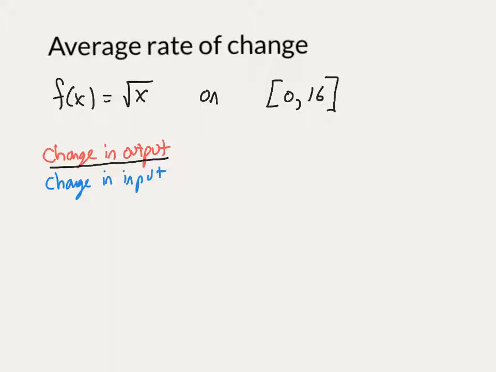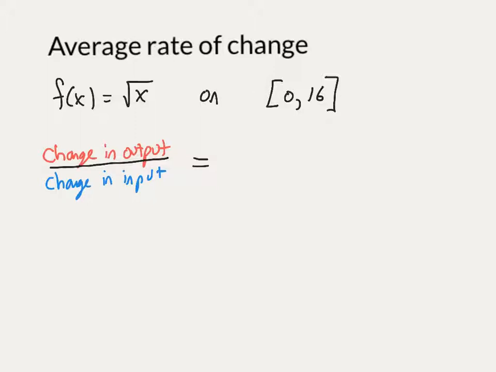What I want to know is how much does my output change on the interval 0 to 16? So I'm going to look at the output at the endpoints, and then see how much the difference is. The difference between the output when you started and the output when you finished. Since I'm thinking about a difference, that tells me that I should subtract.